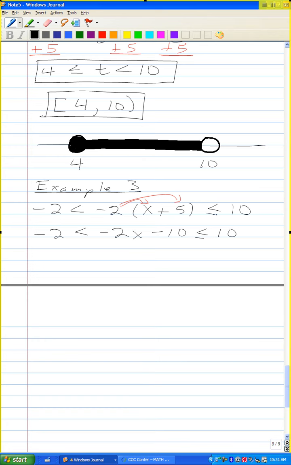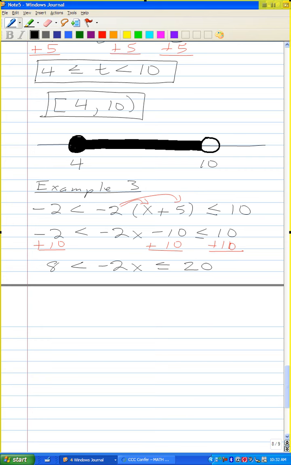Let me try to isolate the variable in the middle. So let me add 10 to all sides of my inequality. By the additive property of inequality, I have 8 is less than negative 2x is less than or equal to 20.